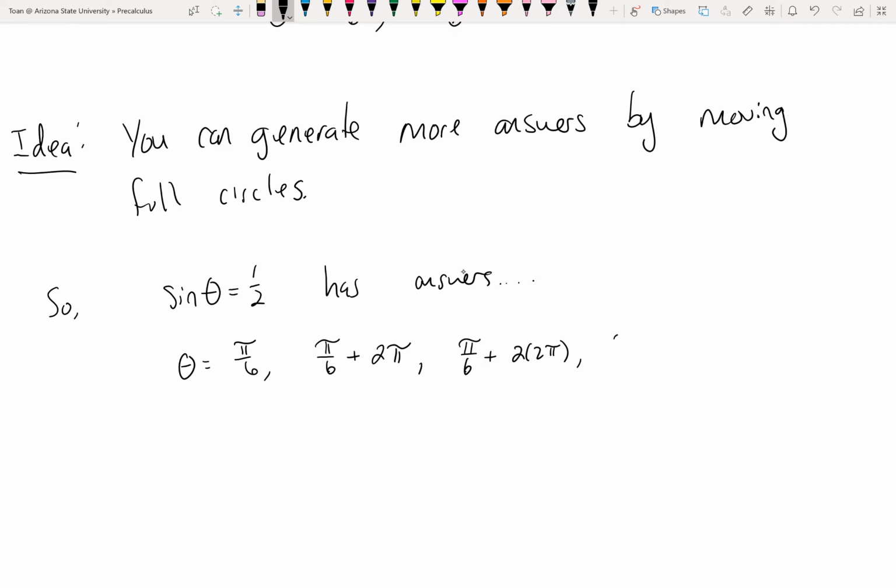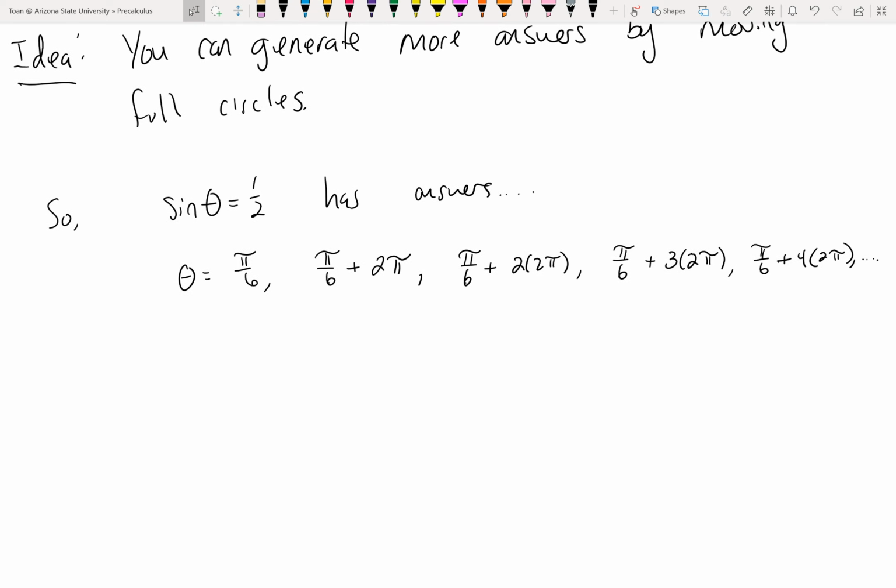But I can get another answer by adding another full circle, so maybe 3 full circles. Or what if I add 4 full circles? So on and so forth. So I hope everyone can see that we can always generate another answer by moving a full circle.